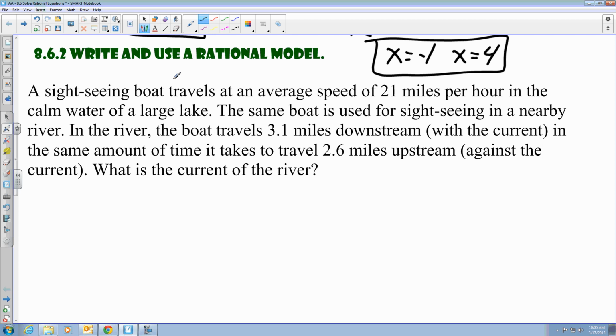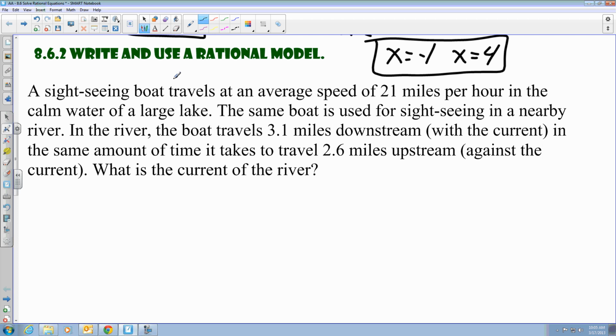The same boat is used for sightseeing in a nearby river. In the river, the boat travels 3.1 miles downstream with the current in the same amount of time it takes to travel 2.6 miles upstream against the current. What they want to know is what is the current of the river.